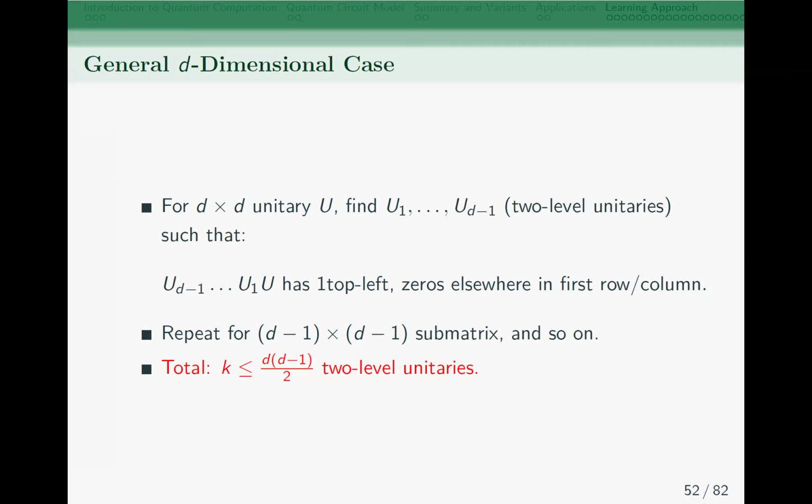But the problem is that this unitary may not directly act as a single-qubit gate on a particular qubit. For example, let's say d equals 4, there may be some two-level unitary that applies on some weird basis states, like 1, 1 and 0, 0, or 0, 0 and 1, 1.